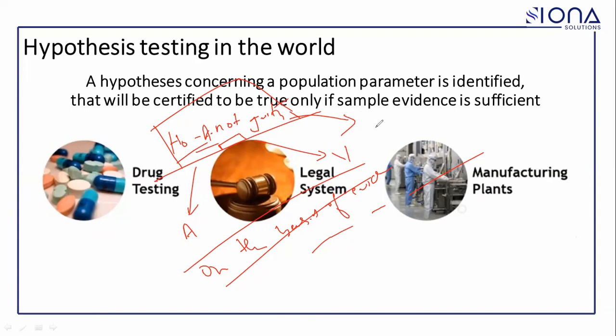Once you have sufficient evidence to prove that the accused is guilty, only then the court will discard the null hypothesis and select the alternate hypothesis. That is only when the court has solid evidence to reject it. Correct? Yes, sir. So hypothesis testing is basically the interpretation of your math.